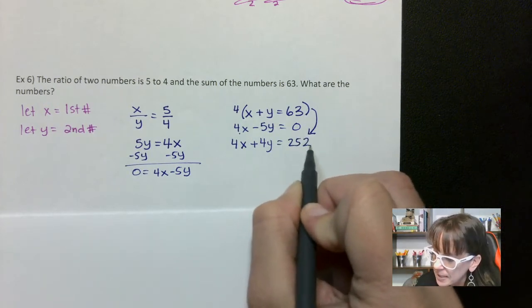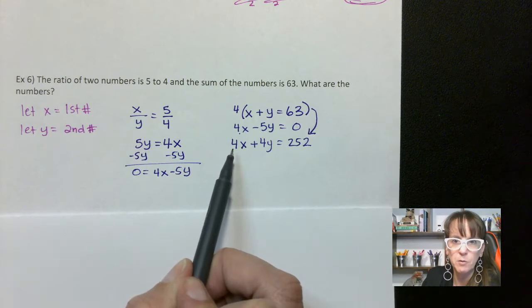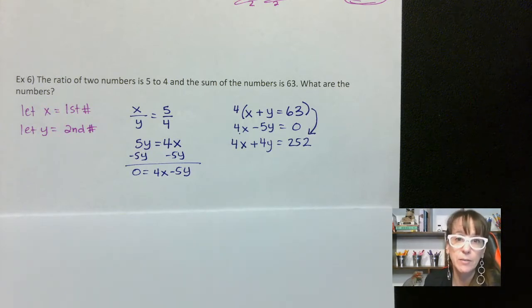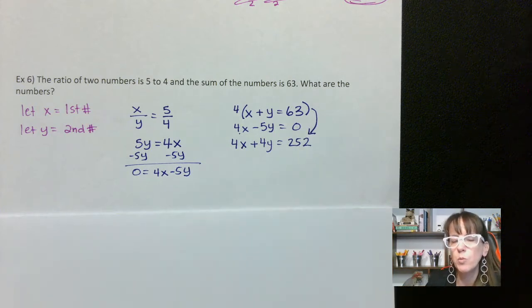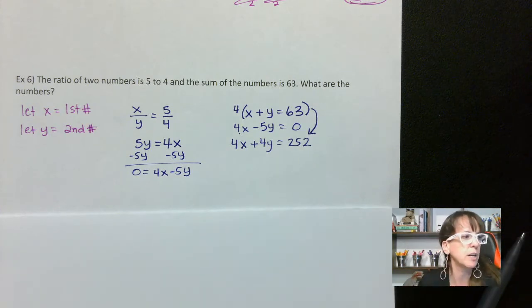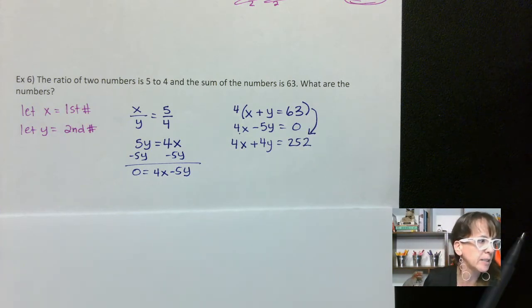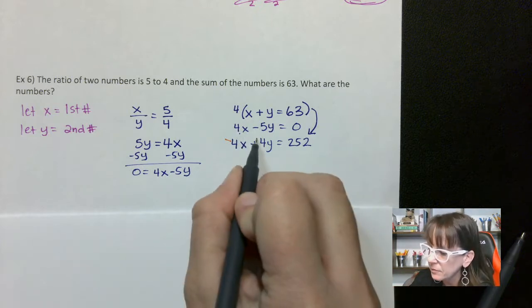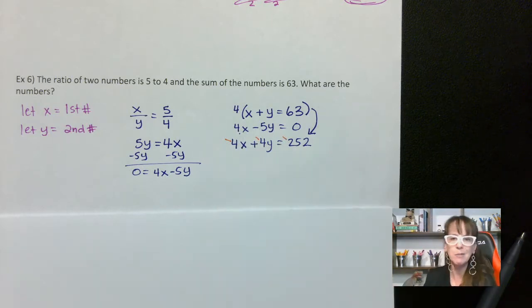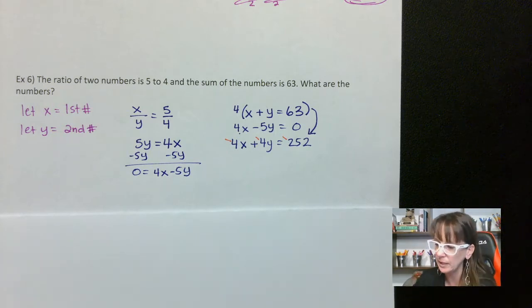Now, I made a mistake here because 4x and 4x is going to give me 8x, and I was trying to eliminate those. So all I have to do is multiply it by -1, which just changes all your signs. You can save yourself a step by just changing every sign: if it's negative, make it positive, and if it's positive, make it negative. Basically, I multiplied the whole thing by -1.